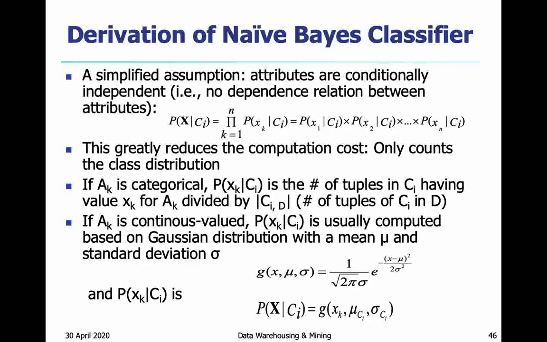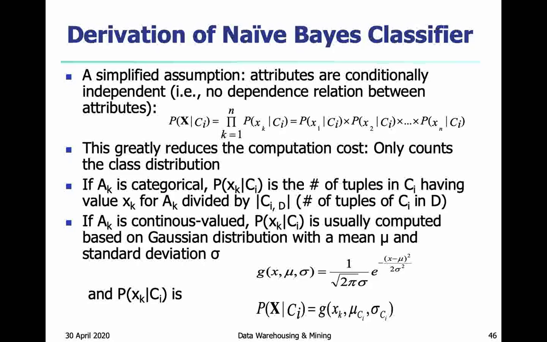It assumes that the attribute values are conditionally independent of one another, given the class label of the tuple. Means there are no dependence relationships among the attributes. All the attributes are independent of each other when you are taking the class label of that particular tuple. Fine.